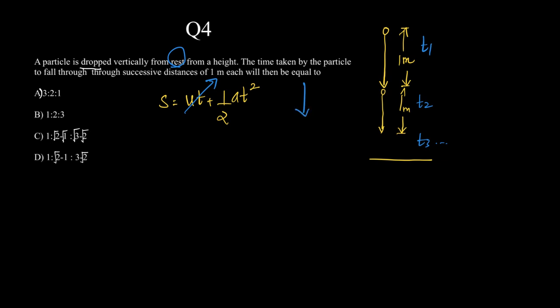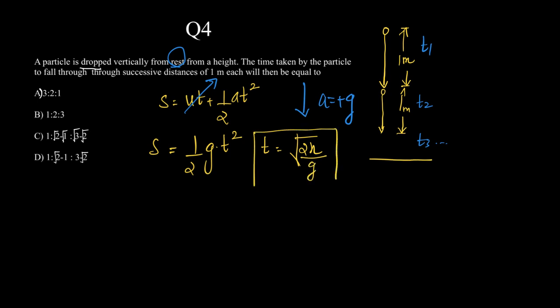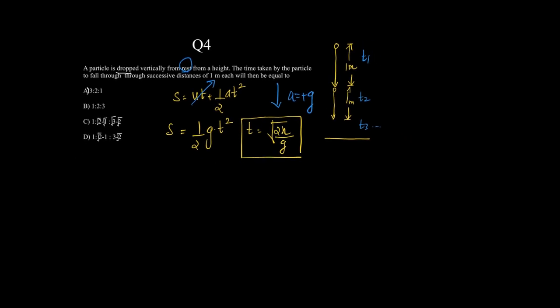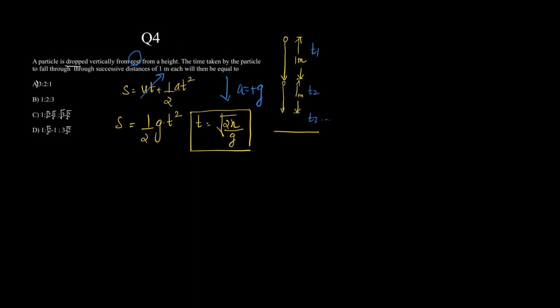It is falling under the influence of gravity, so we have acceleration is equal to g, which means S is equal to half into gt square, and therefore t is equal to root of 2h by g. Let me write down the relationship here. So t is equal to root of 2h by g.